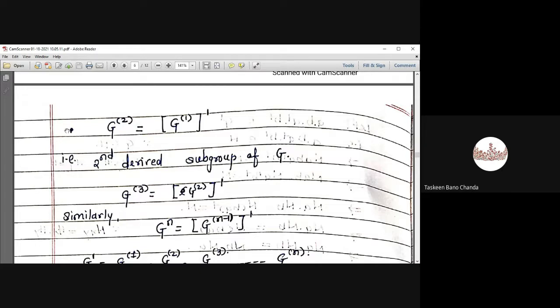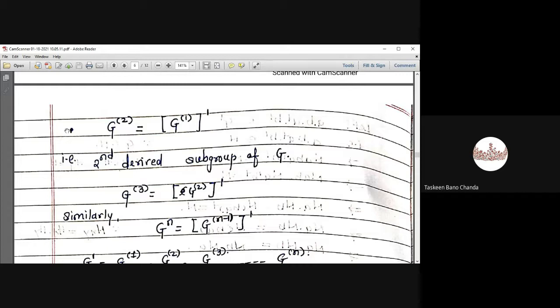कम्युटेटर सबग्रुप. If every element of G dash is in the form of A, B, A inverse, B inverse, where A, B belong to G, but every element of G2 is in the form of A, B, A inverse, B inverse, where A, B belong to G1.